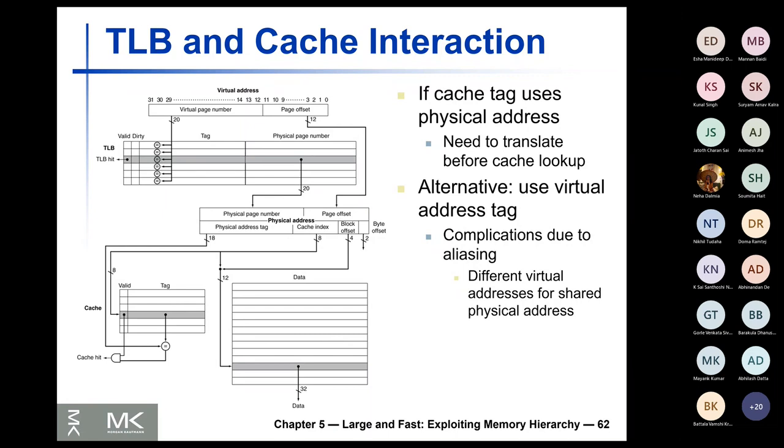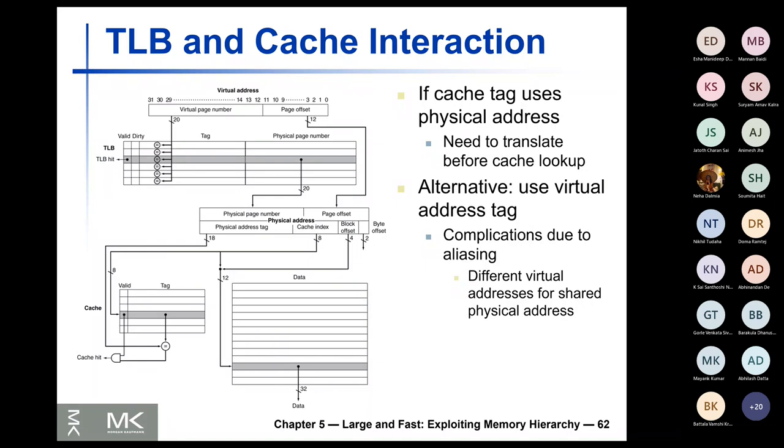All of them are searched in parallel, so this is a fully associative cache. Your virtual page number is matching. Then you find the corresponding physical page number and you calculate the page offset.